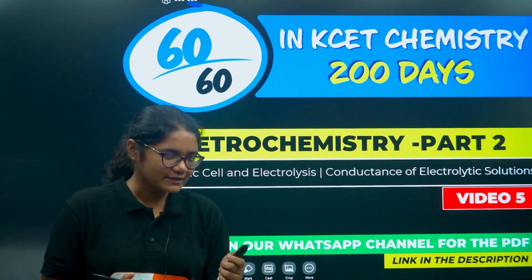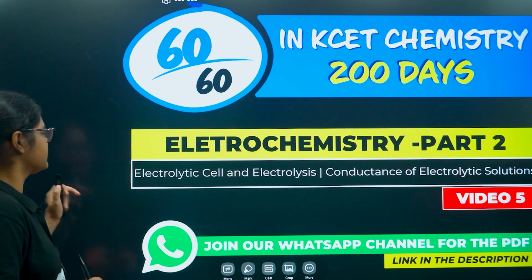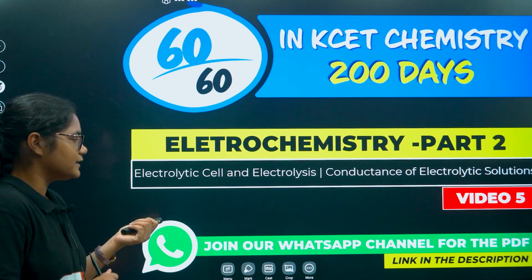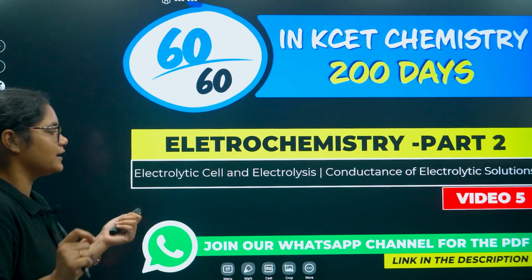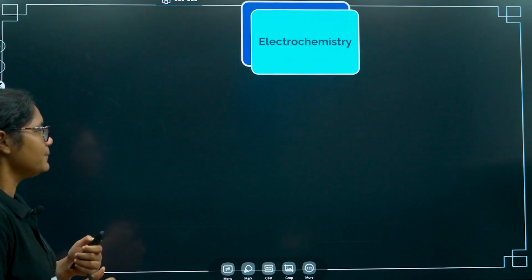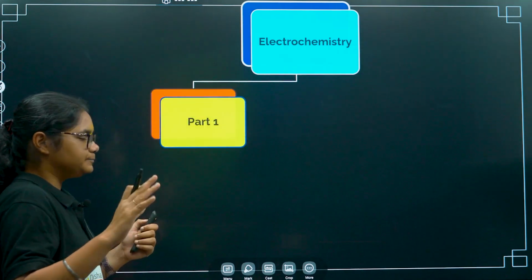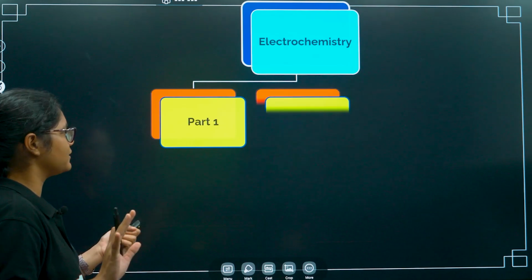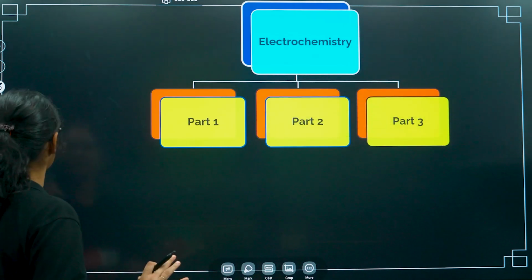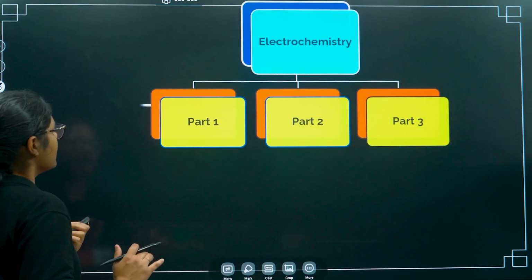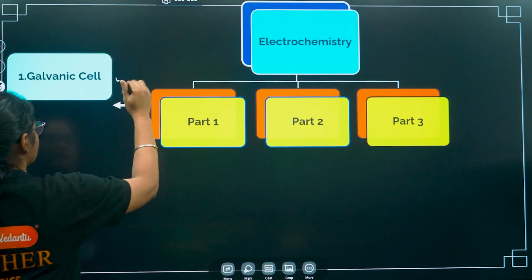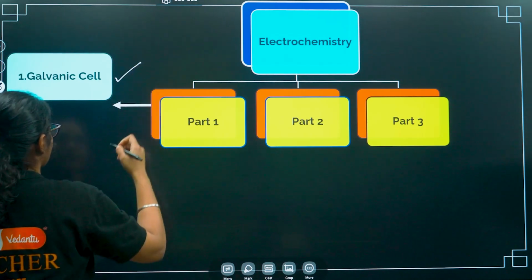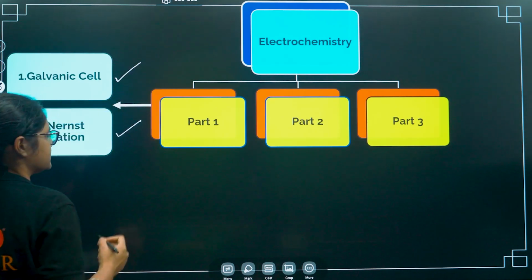Okay, so yes, now let's get started with today's topic, that is electrolytic cell and electrolysis, conductance of electrolytic solution. Okay, so now coming to a brief, like how are we going to cover this chapter. So this chapter I have divided into 3 parts, part 1, part 2 and part 3. Okay, and in part 1 we have already covered galvanic cell and Nernst equation.